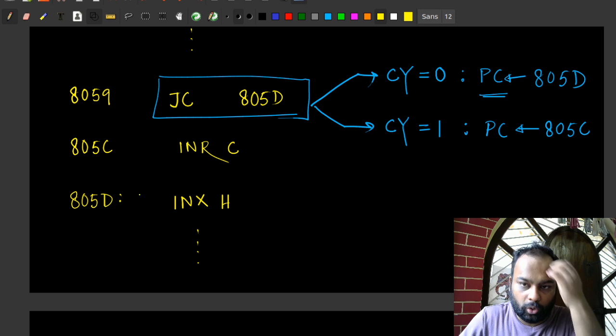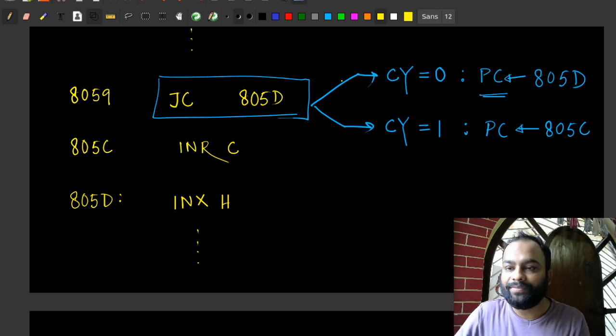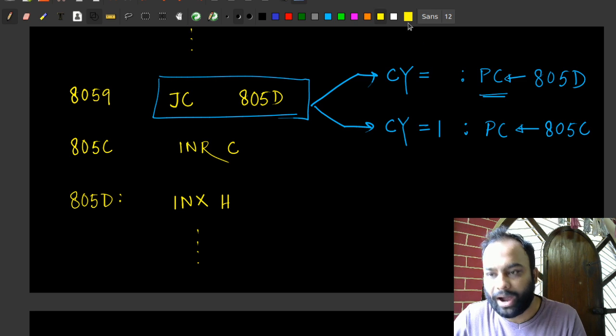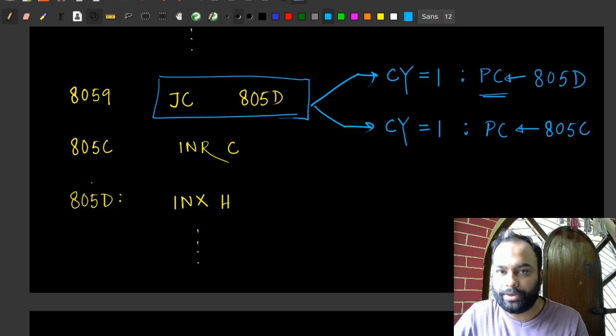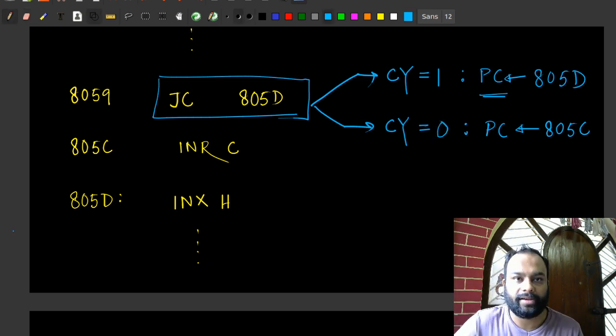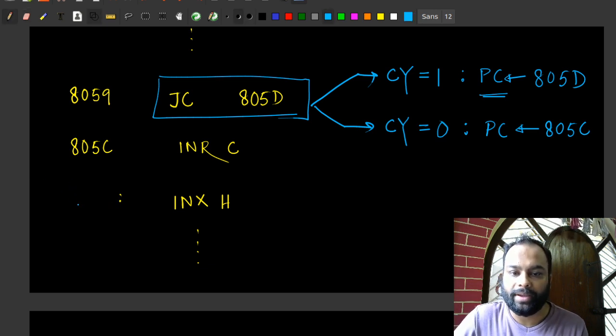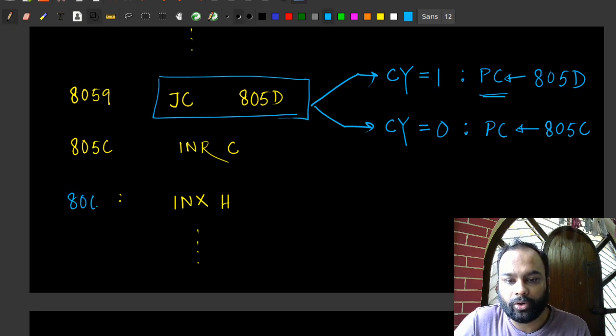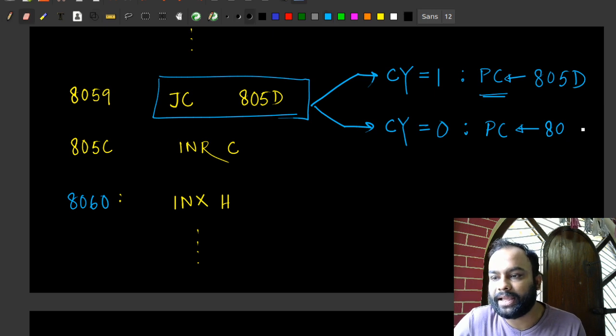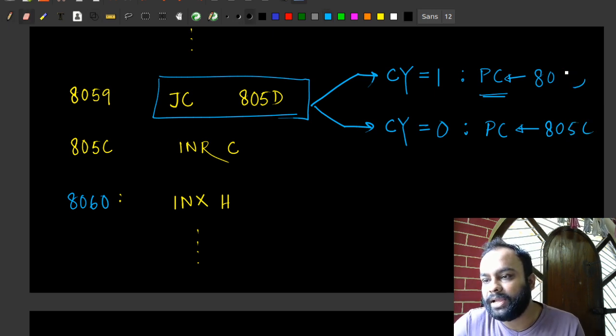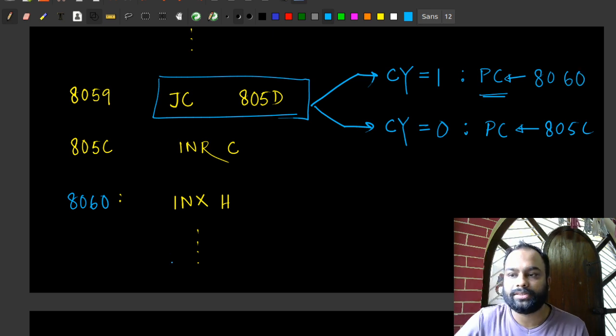This would check the carry flag, and if the carry flag has been set to 1, then it will set the program counter to this. So now the condition would be true if the carry flag has been set, and the condition would be false if the carry flag has not been set. Again, this could be some other address, maybe 8060, something like that. So in that case 805C would be this, 8060 would be this.